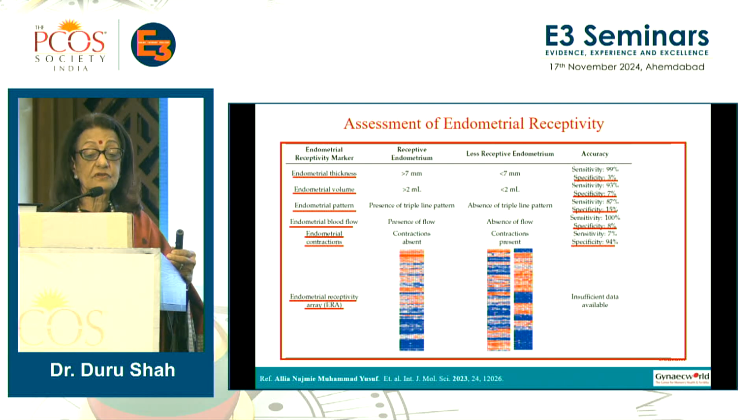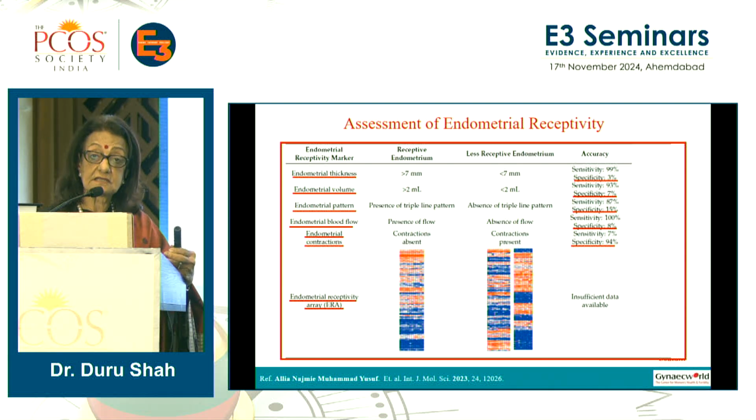Endometrial volume, if it is more than 2 ml, is receptive, less than 2 ml is less receptive, and sensitivity is 93%. Endometrial pattern, the triple line pattern is good and its absence is not good, and the sensitivity is 87%.